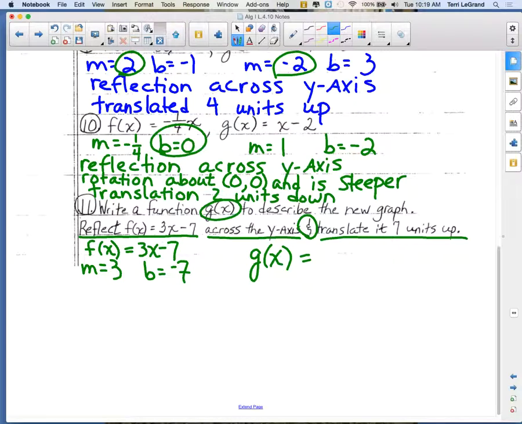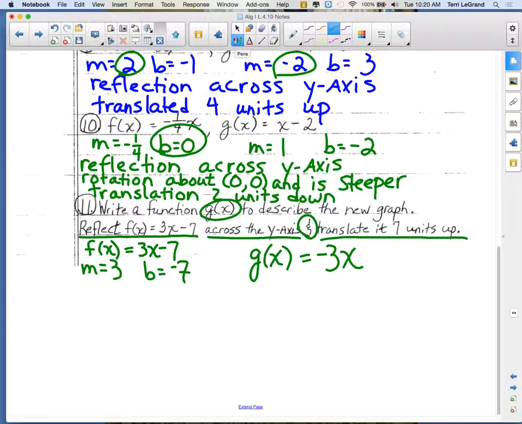So our g of x function is going to have a negative slope for the reflection across the y-axis. Okay, -3x, the opposite of 3. Basically for a reflection you need the opposite.